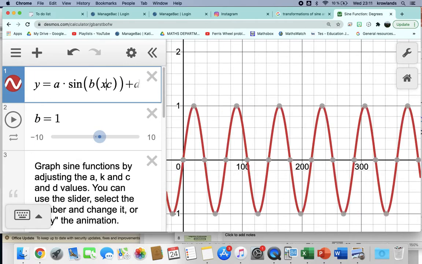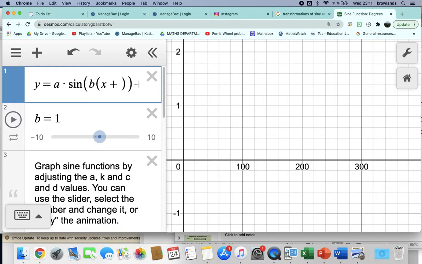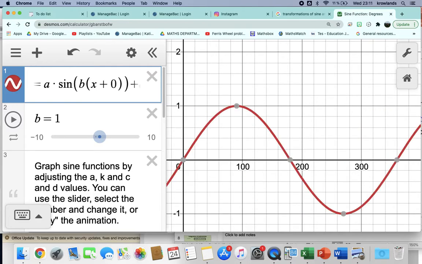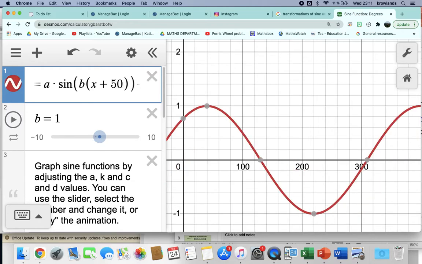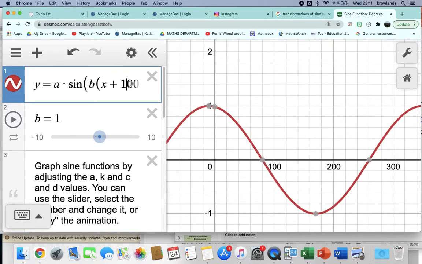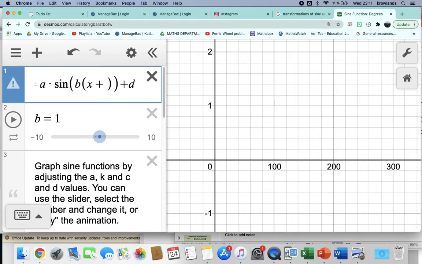So if I put plus 100, what direction would you expect the graph to shift? As you can see there, it shifted to the left. Let's go back. So if it was 0, and then if it goes 50, and then if it goes 100, the graph is actually shifting to the left.